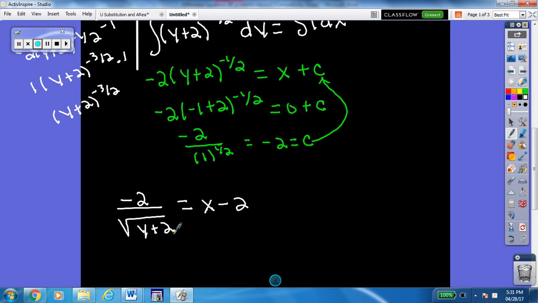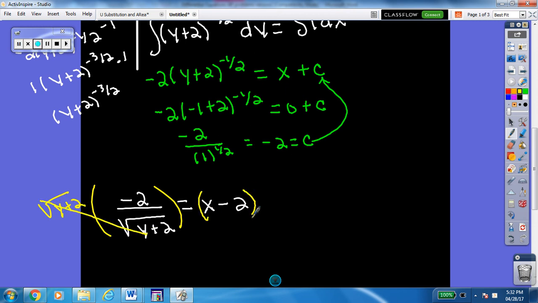Well, solving for y is going to be a little bit more challenging here because it's under a square root. So I think the best thing to do is to try to get this square root out of the denominator, and I would do that by multiplying both sides by that square root. So it reduces out here.